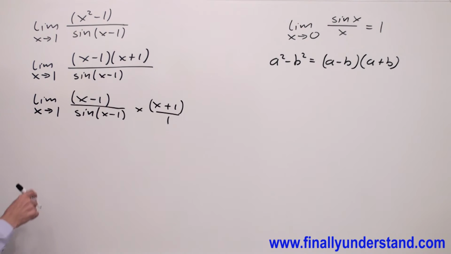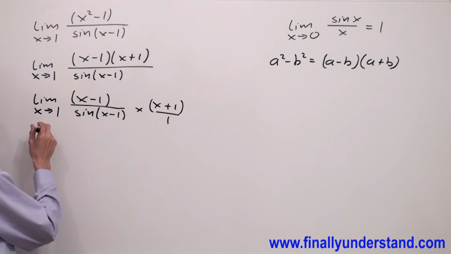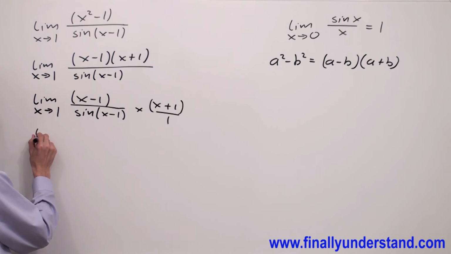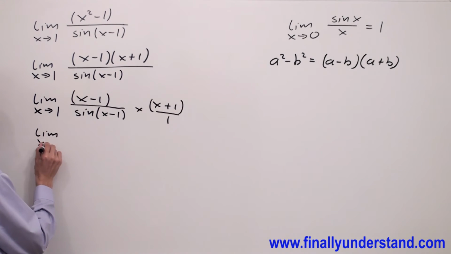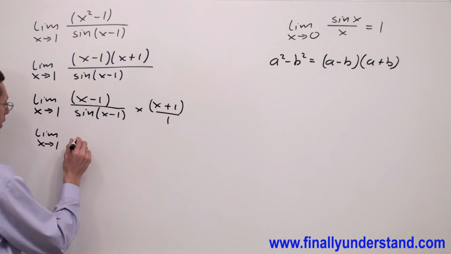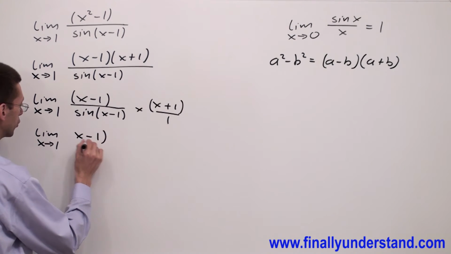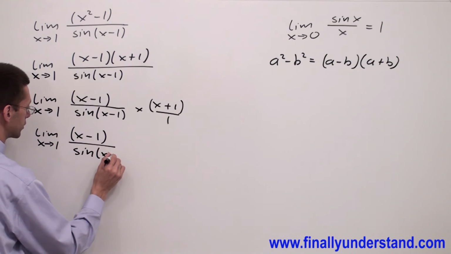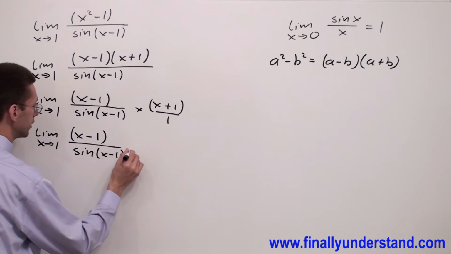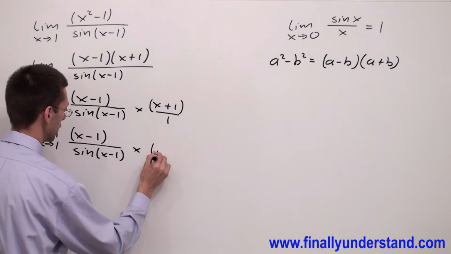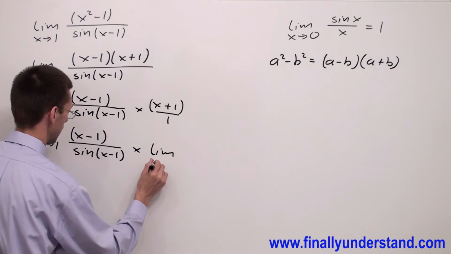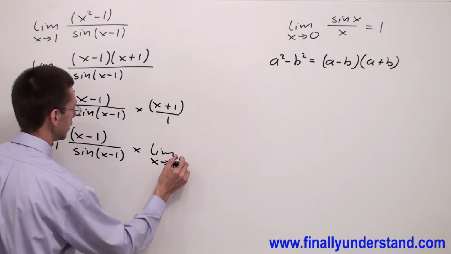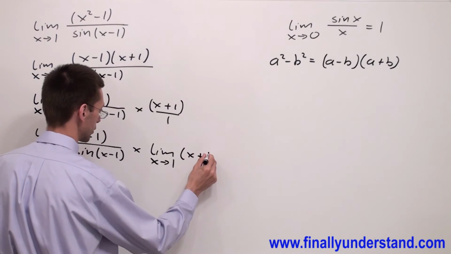We said we are going to use the product of the limits. So I have the limit with x approaching 1 of x minus 1 over sine x minus 1 times the limit with x approaching 1 of x plus 1.